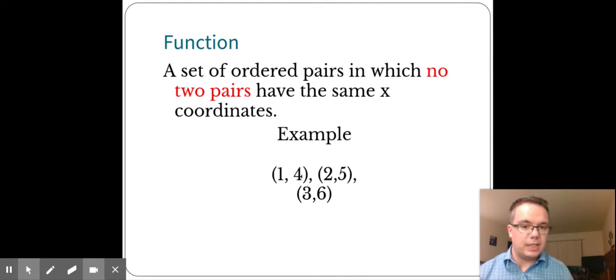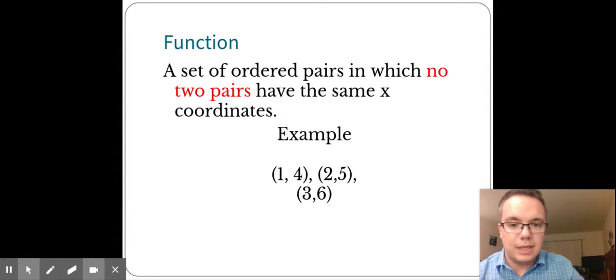Put in a 3, I'll always get a 6. If I added another point like 3, 7, then the machine wouldn't know what to do when I put in a 3. So that's why we can have only one x, because whenever we put something in, we should always get one thing out. All right, so a function doesn't share x's. It's a machine. You put something in, you get something out. And again, the simplest example is ordered pairs.